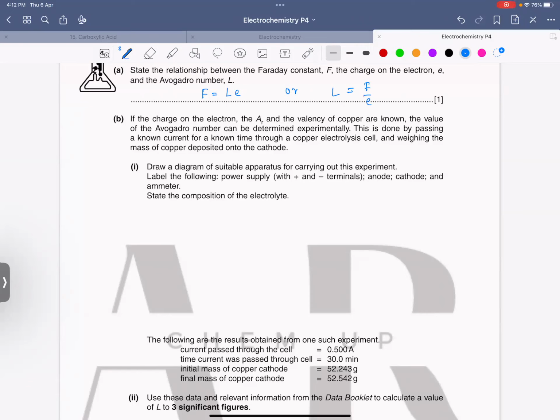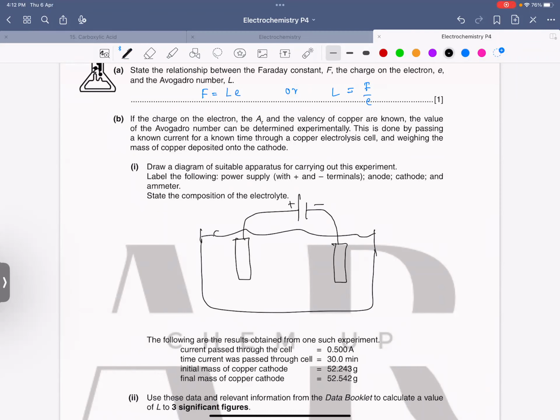Draw a diagram of suitable apparatus for carrying out this experiment. Which experiment are we carrying out? Electrolysis, right? So for the electrolysis, we need one container, a positive terminal, a negative terminal, and the electrodes dipped in electrolyte.